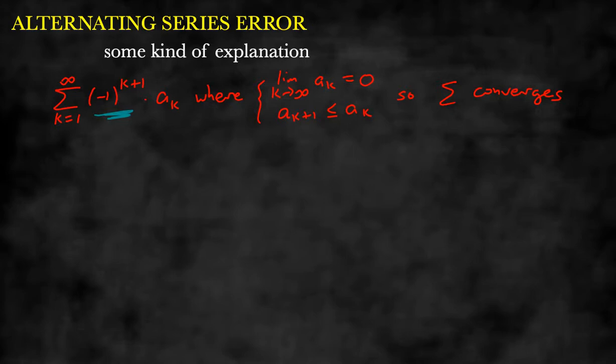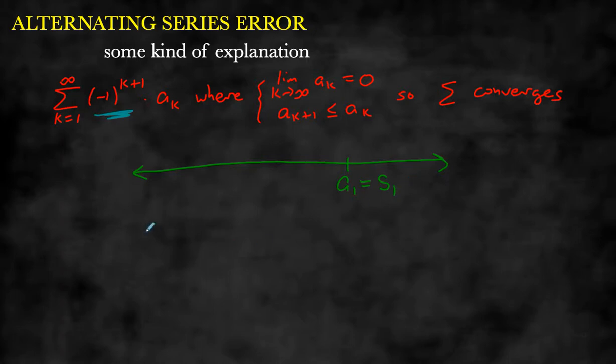Okay, so how do we figure out what this error actually is? I'm going to do it visually, starting with a number line. If all we look at is the very first term, a sub 1, that's also s sub 1 because it's the first partial sum.